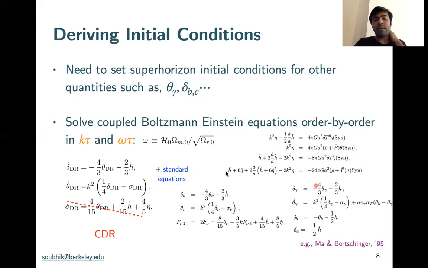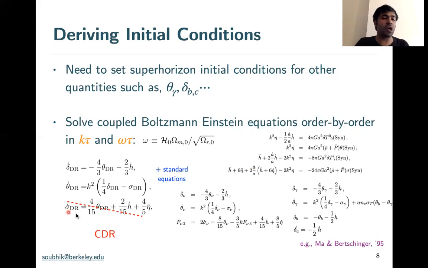And to do that consistently, you have to take into account all the relevant equations, and then you go to the superhorizon limit for a given K mode, and you go deep into the radiation dominated era, and then you solve all of these equations order by order in K tau and omega tau, where K tau is a small number, it characterizes the superhorizon limit, and omega tau being small, it tells you the fact that you are deep in the radiation dominated era.